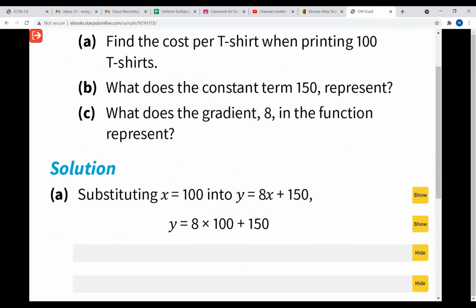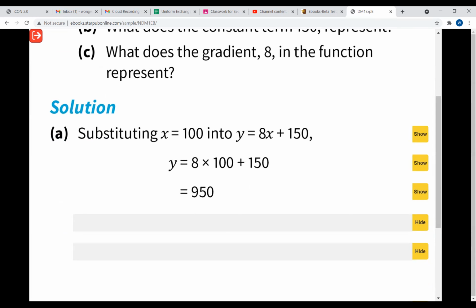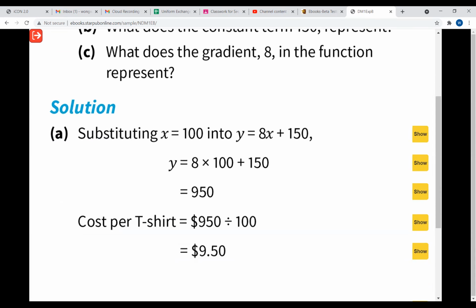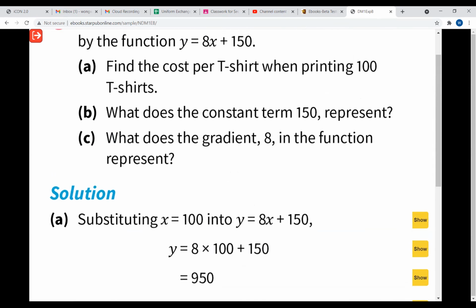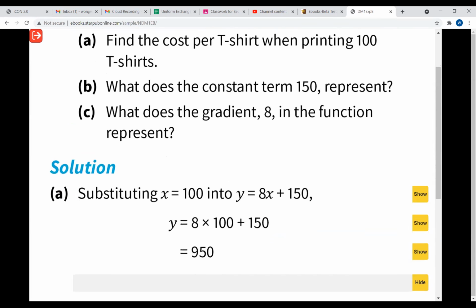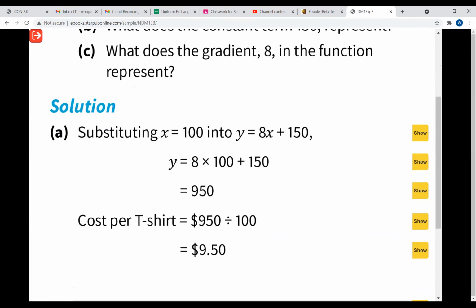Substituting, we get 950. Okay, so the total cost will be $950, but the cost per t-shirt, one t-shirt, would then be 950 divided by 100. So each person pays $9.50.